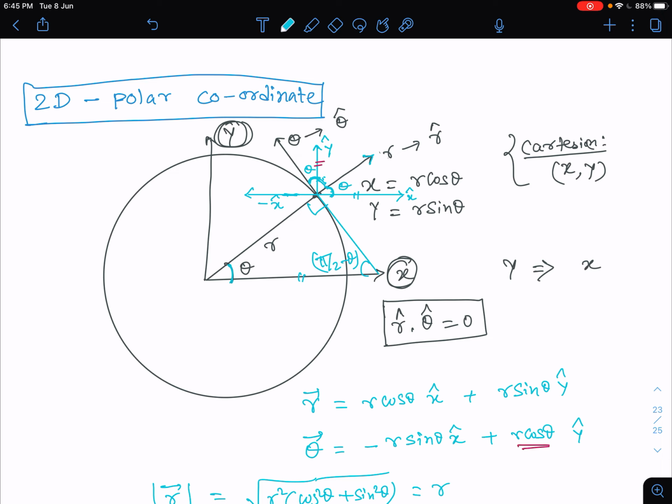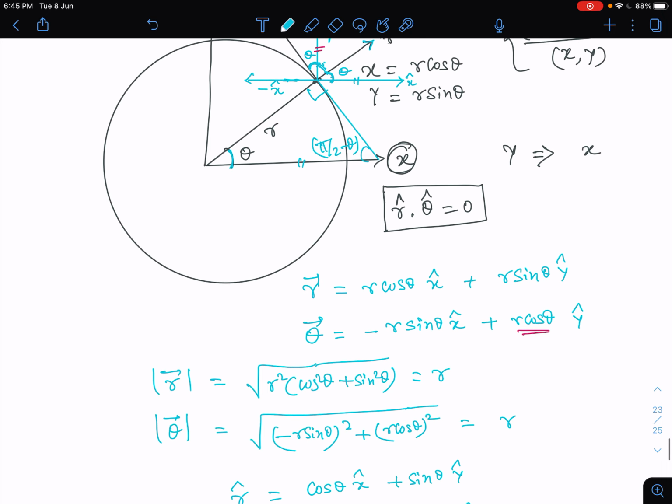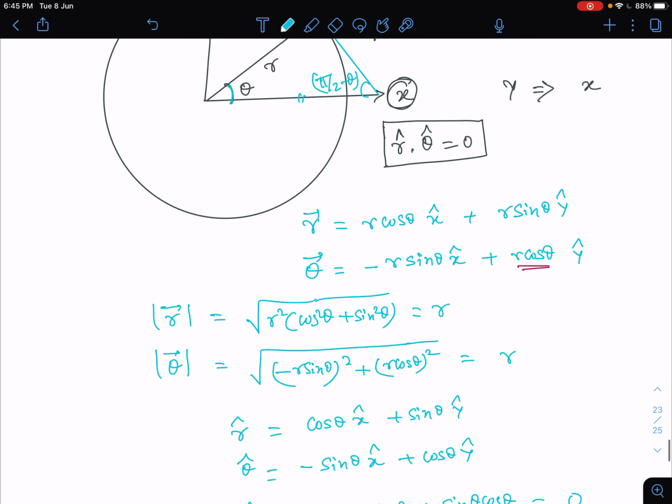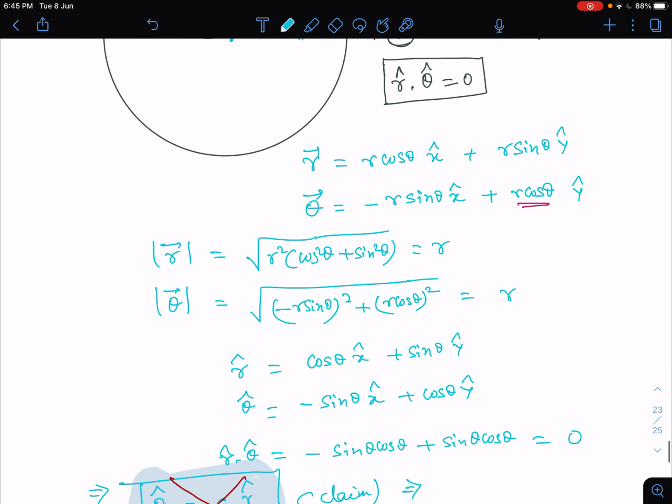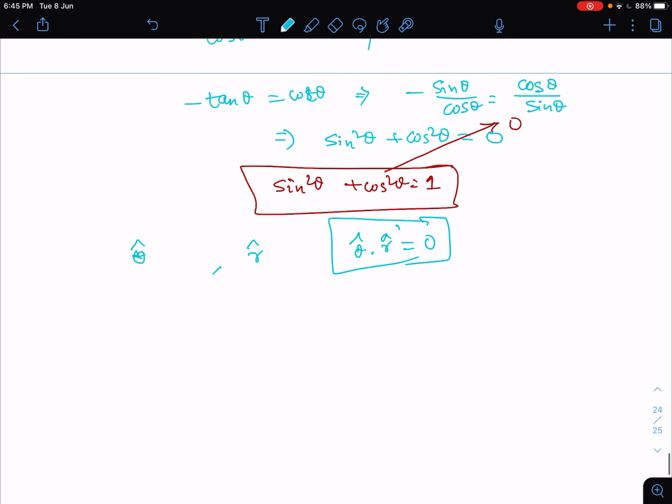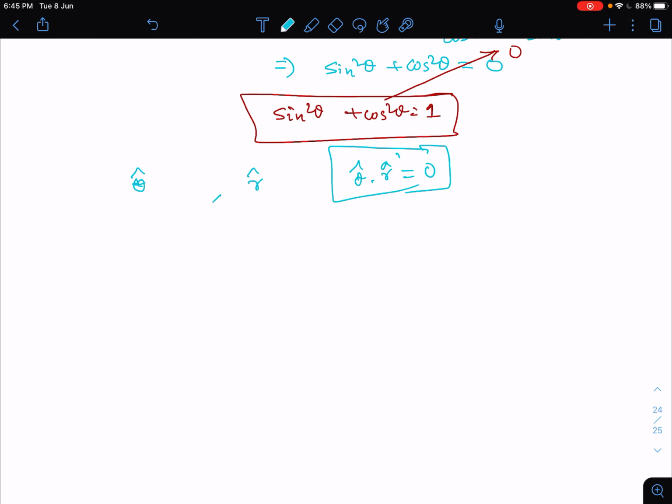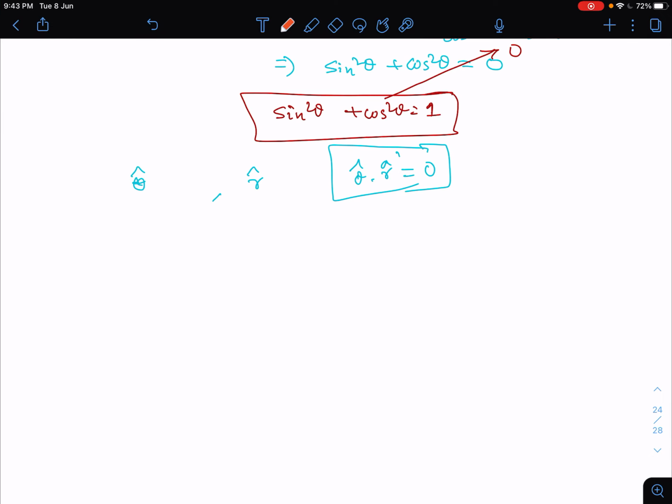Now we'll apply this principle first to circular motion, and then we'll generalize it to any non-uniform circular motion where the radius is not fixed but changes. That is, the magnitude of the radius, r(t), that is the mod of r(t), is a function of t, which means the radius changes with time.